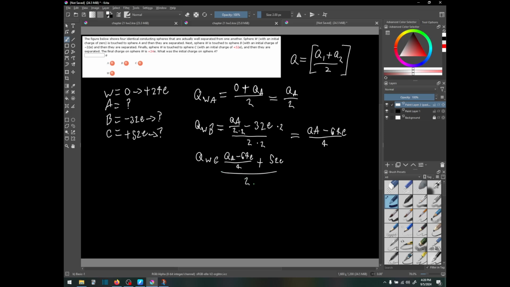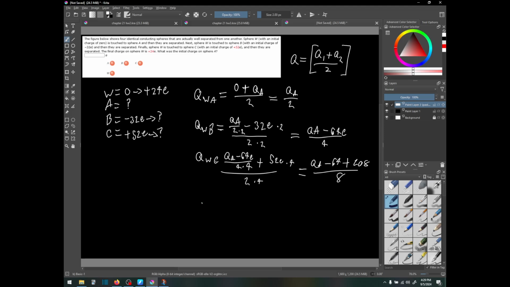And again, to simplify this, we multiply everything by 4, which leaves us with QA minus 64 plus 52 times 4, which is 208, all over 8. And then they're separated. The final charge of QW is 24.